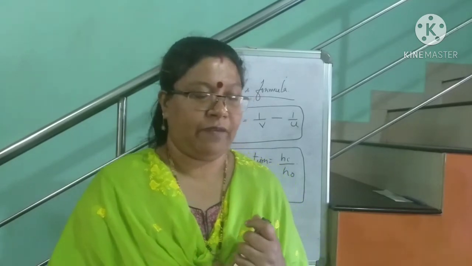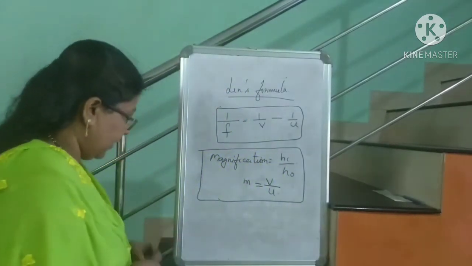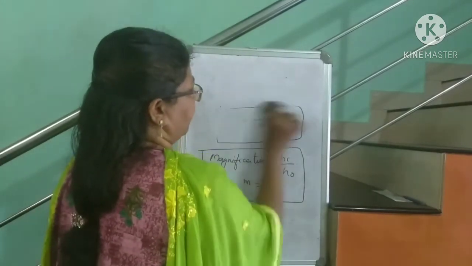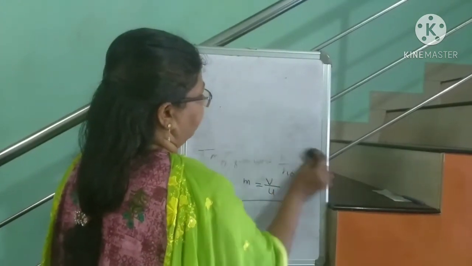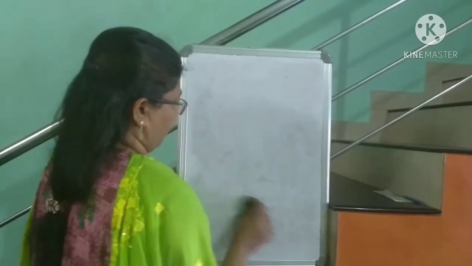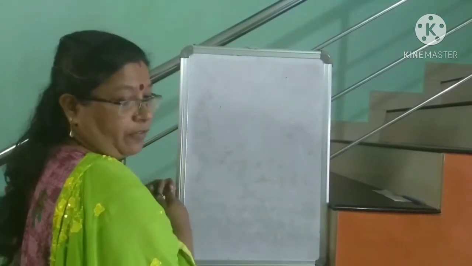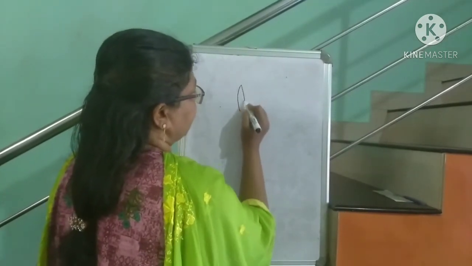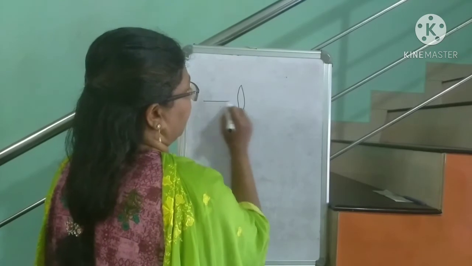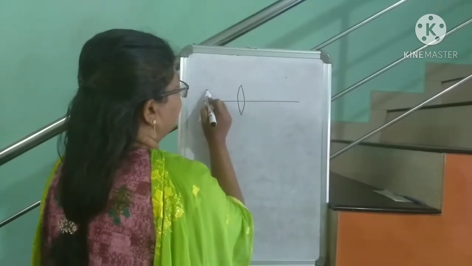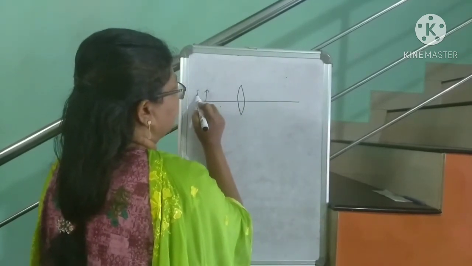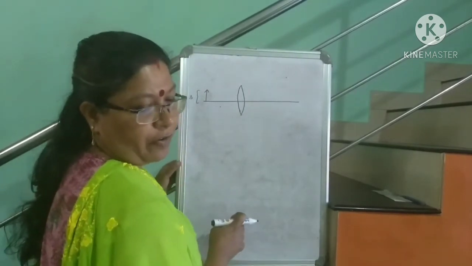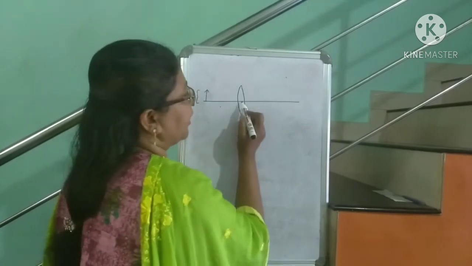So what all things are given? An object of height 3 centimeter. We will try to draw the rough ray diagram. An object is placed in front of a convex lens, so a convex lens is drawn. Then an object of height 3 centimeter is placed in front of the convex lens of focal length 20 centimeter.